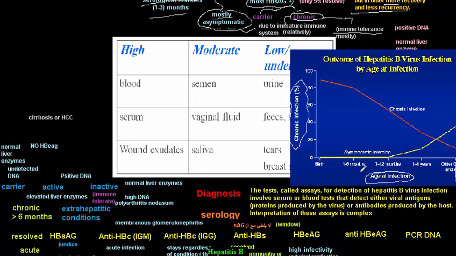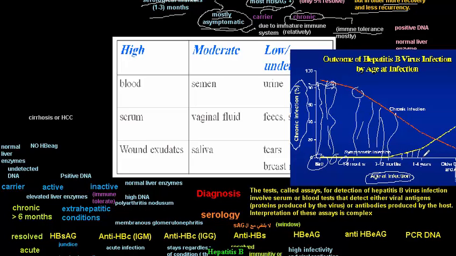If you have an infection at earlier ages, you will have a very high chronicity rate. At birth we have the highest chronicity rate, and then it becomes less and less with age. With increasing age we have less chronicity, the red line here, but an increase in symptoms.